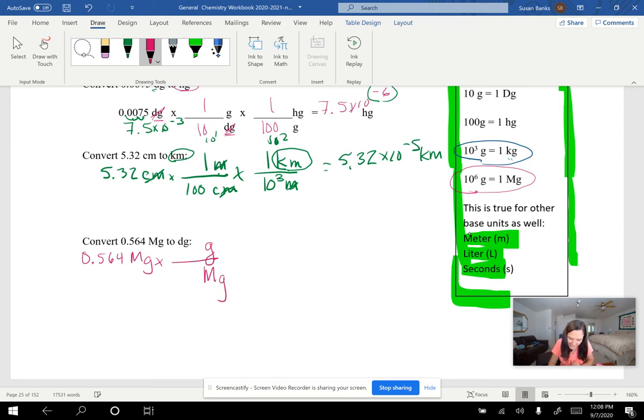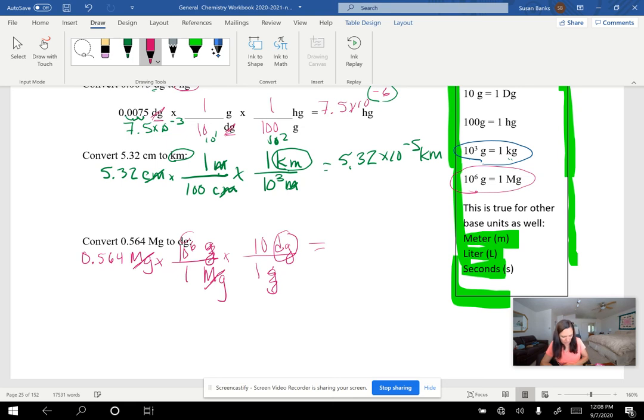So I've got 10 to the 6 or 1,000,000 grams will give me 1 megagram. So that does cancel my unit of megagram and into gram, but my ending unit is decigram, so I need to do some more. So in 1 gram, if we remember, I've got 10 decigrams. Okay, so that cancels my unit of grams right there, and I'm left with the unit of decigrams.